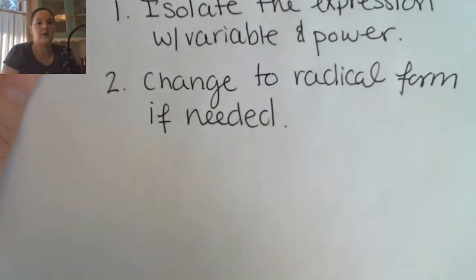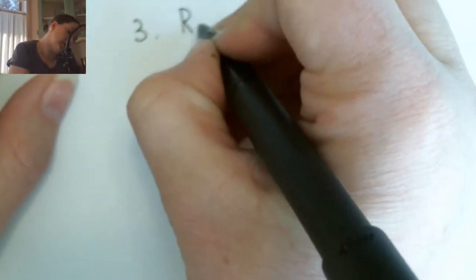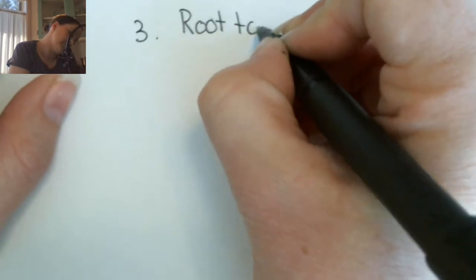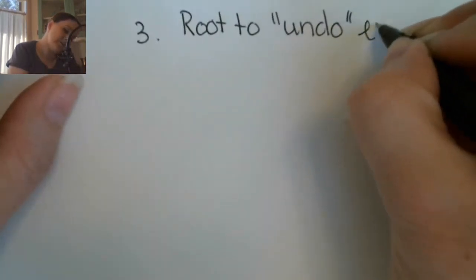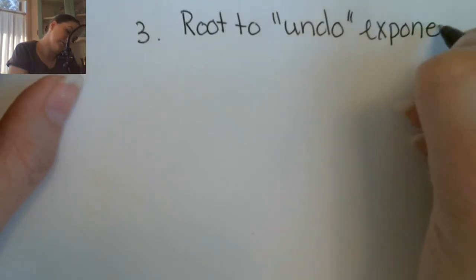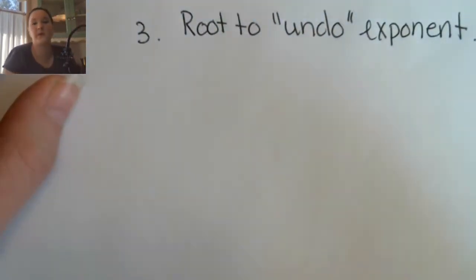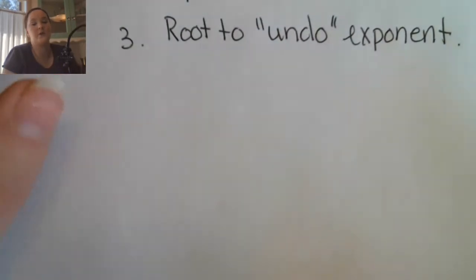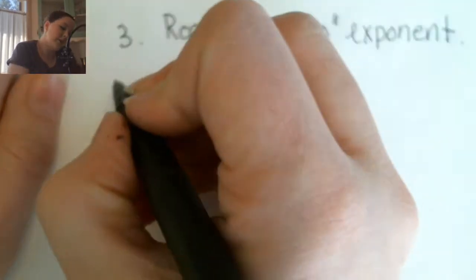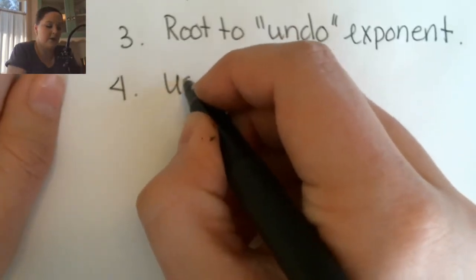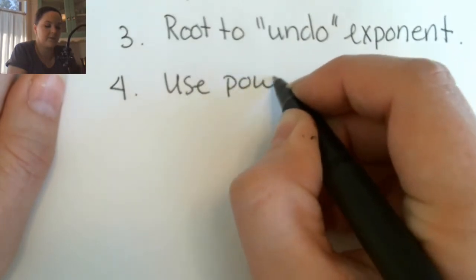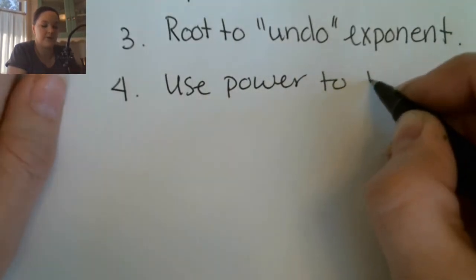Then you are going to root to get rid of the exponent. Just like you would use a square root to get rid of a square, you can use a cube root to get rid of a cube, etc. And then you are going to use a power to get rid of a root.